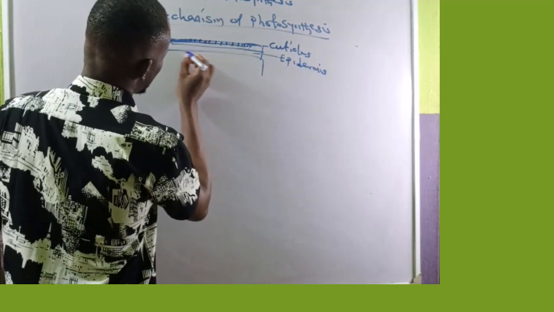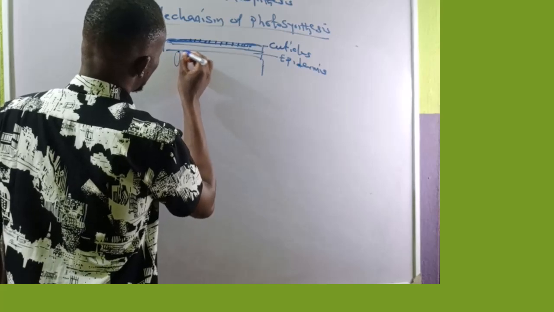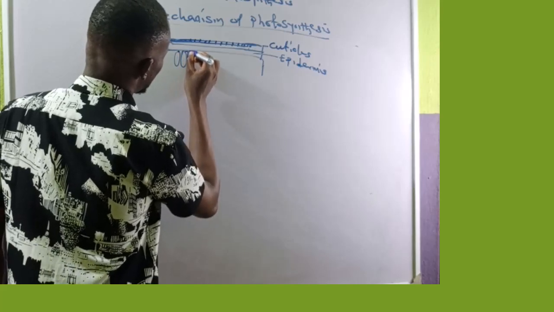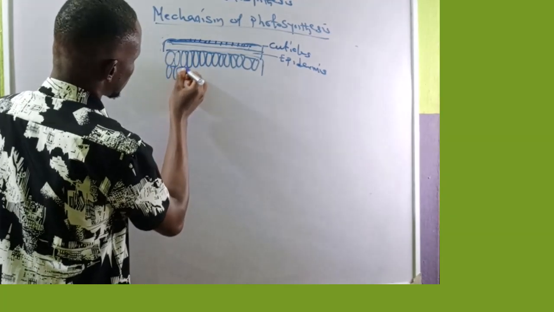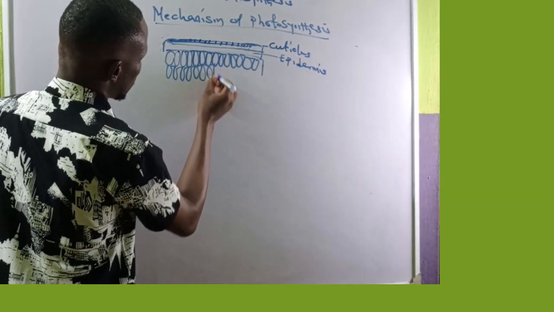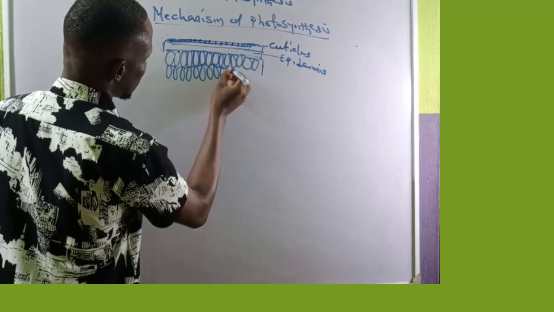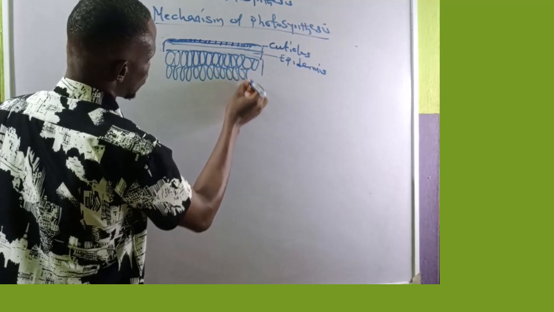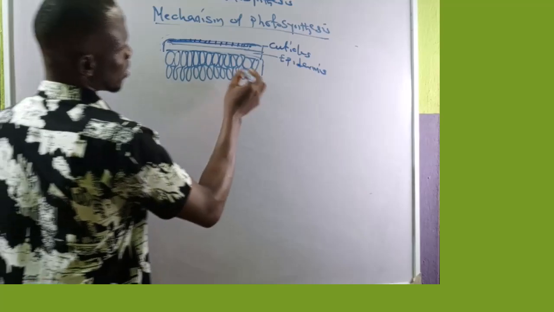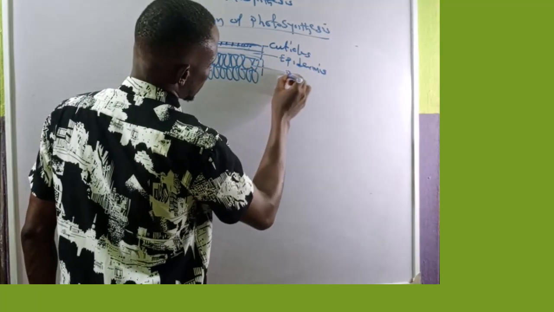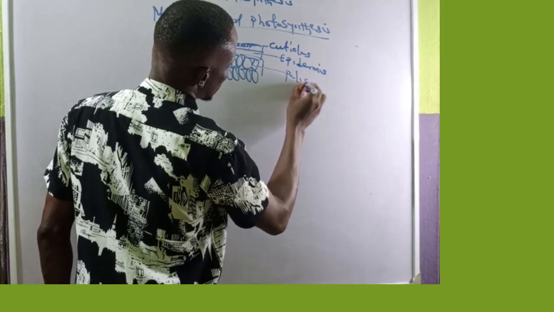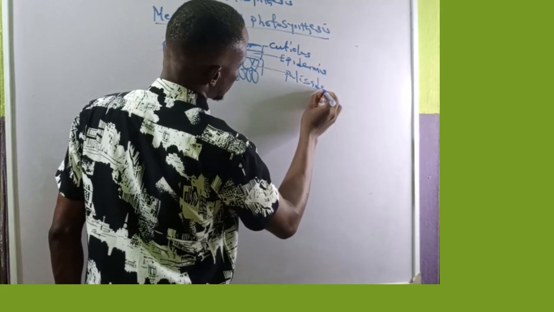Inside the epidermis, you see a structure. This structure is a regular, cube-like structure that contains the chloroplast. This structure is called the palisade mesophyll.